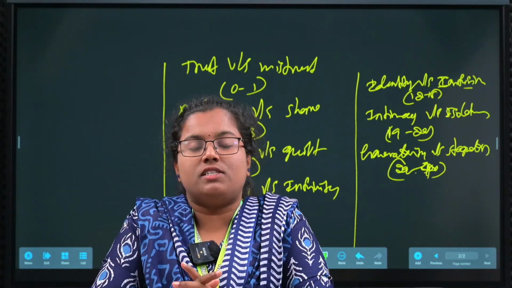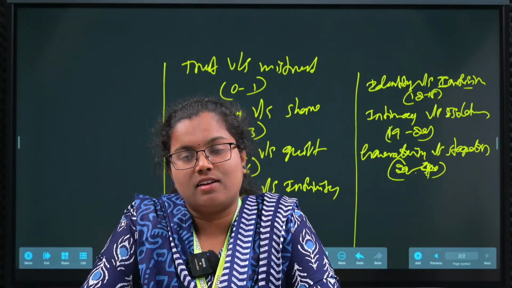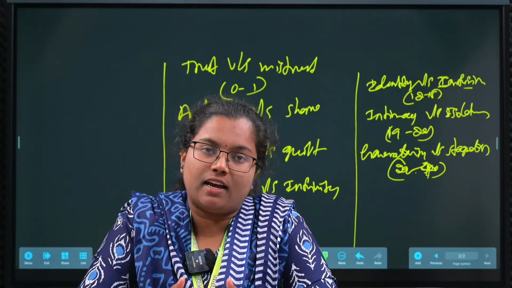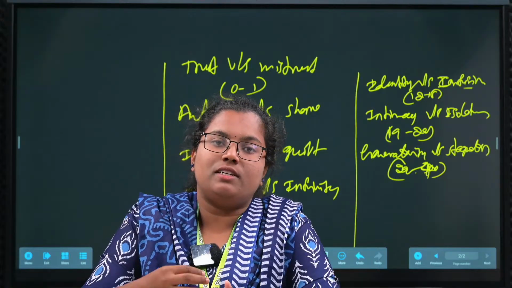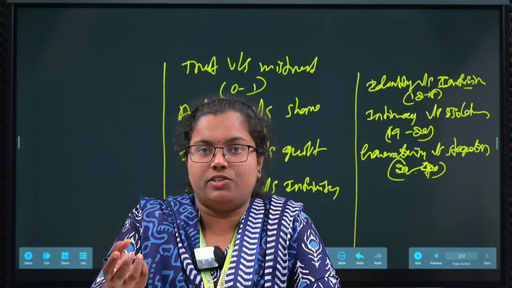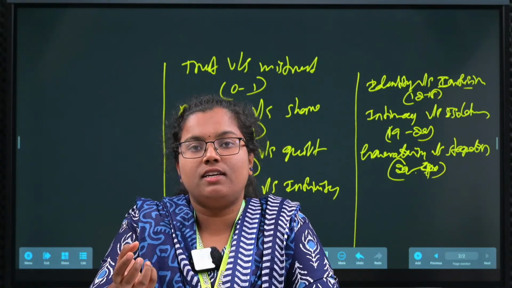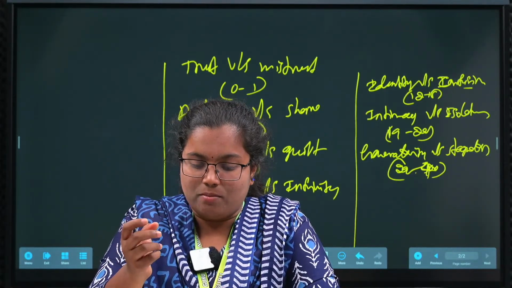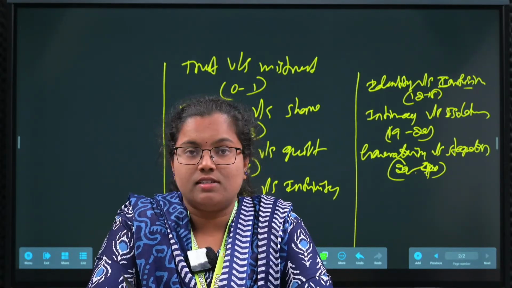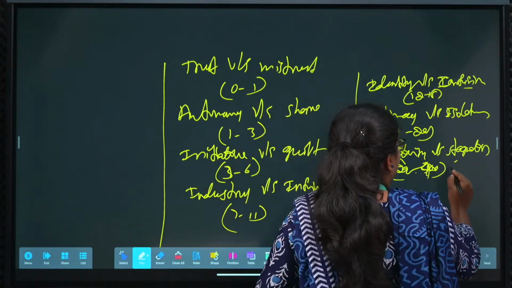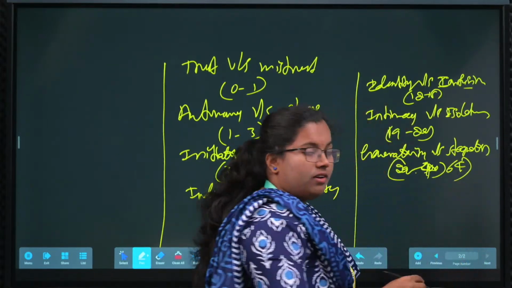They will start to choose their life partner, build their career, and try to be in a good position. That is about generativity and stagnation from 30 years until 64 years.